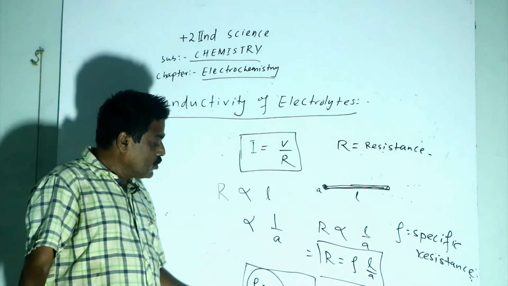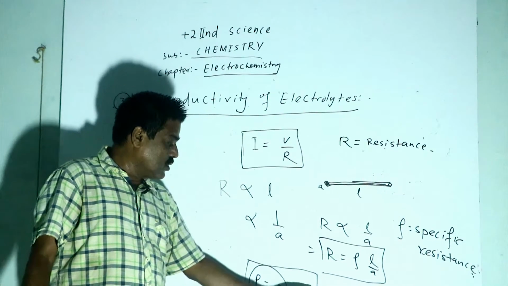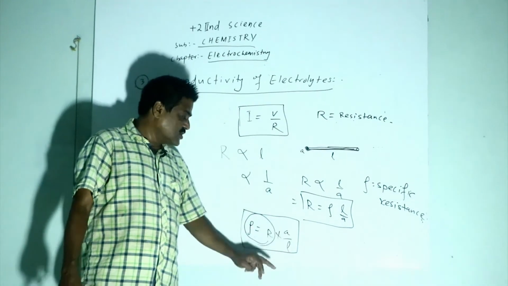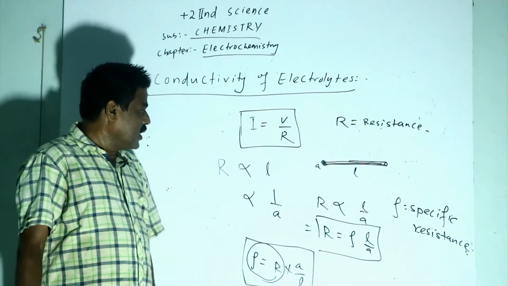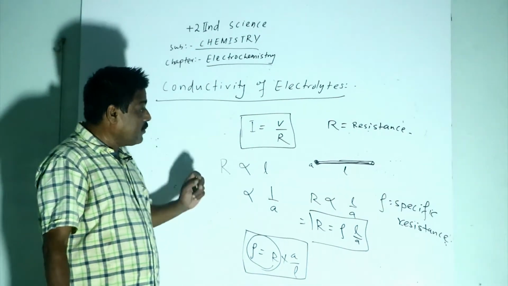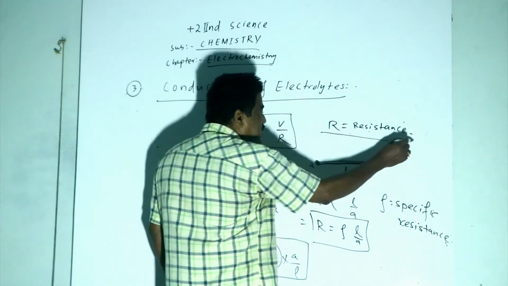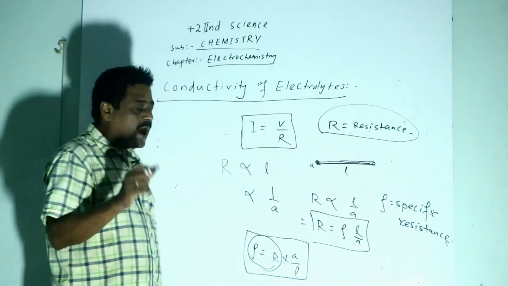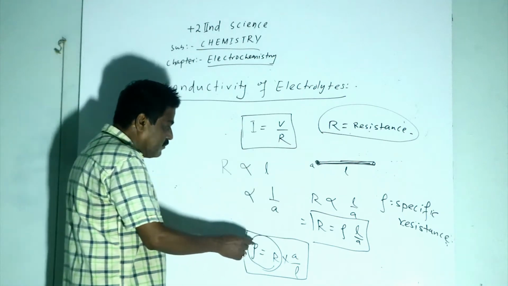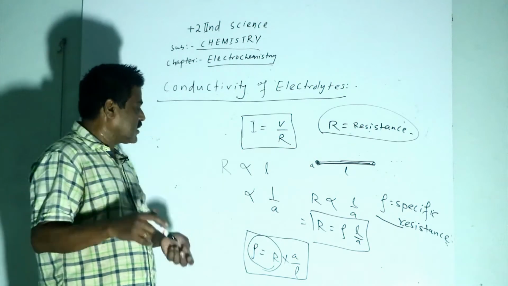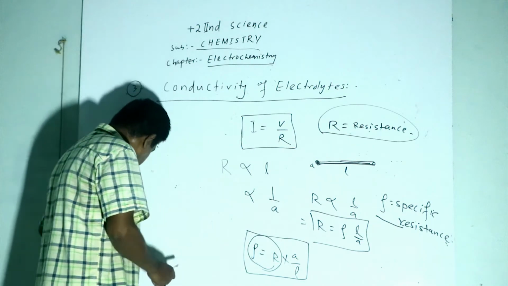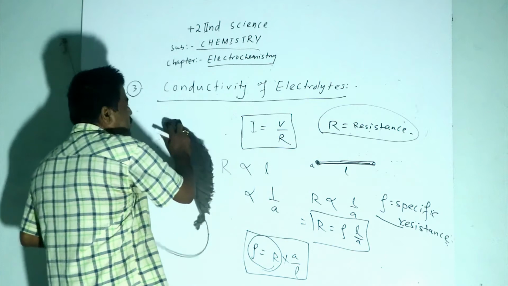So rho is equal to R when A is equal to 1 cm square and L is equal to 1 cm. Here the terms arise: from the resistance term we have to define conductance, and from the specific resistance term we have to define specific conductance. Let us define then conductance.